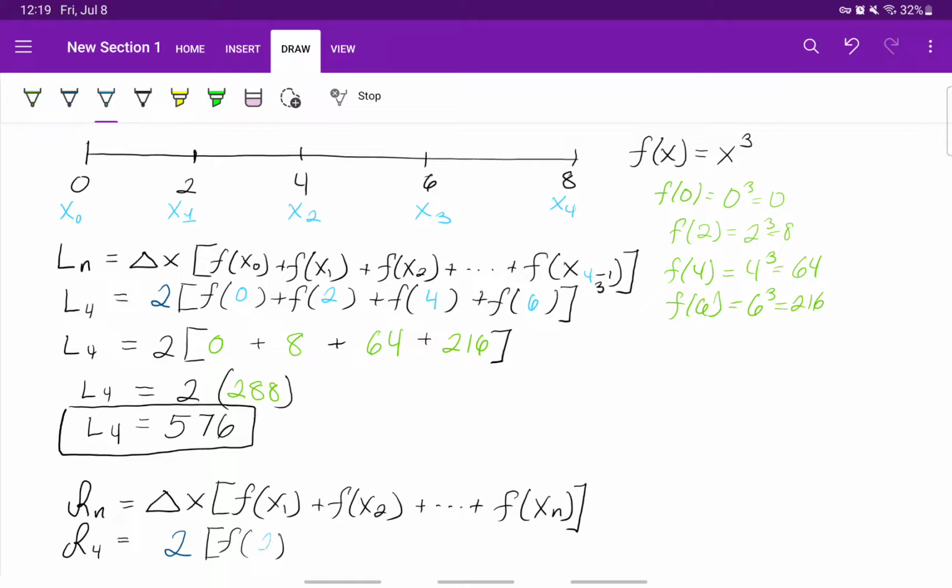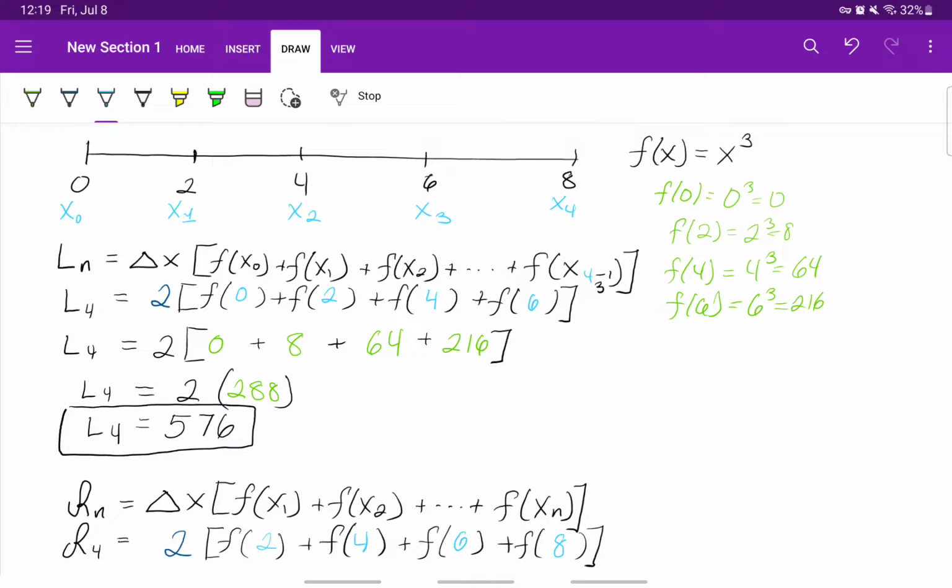So f of 2 plus f of 4 plus x sub 3, which is 6, so f of 6. And that's going to be plus f of x sub 4, which is f of 8.